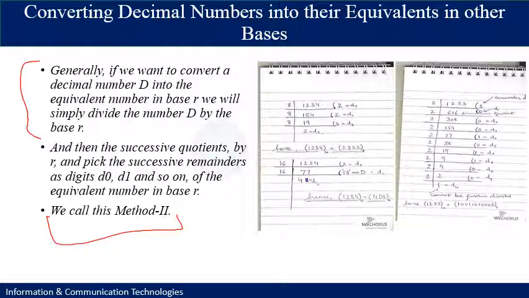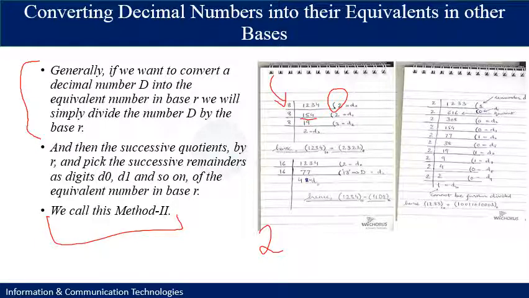For example, let's say we have the number 1234 represented in decimal and we want to convert it into octal. We will divide the number by 8 and take the remainder. We divide the first time and we get a quotient of 154 and the remainder 2. So this is our D0, or digit 0 value. Now the quotient is still greater than 8.